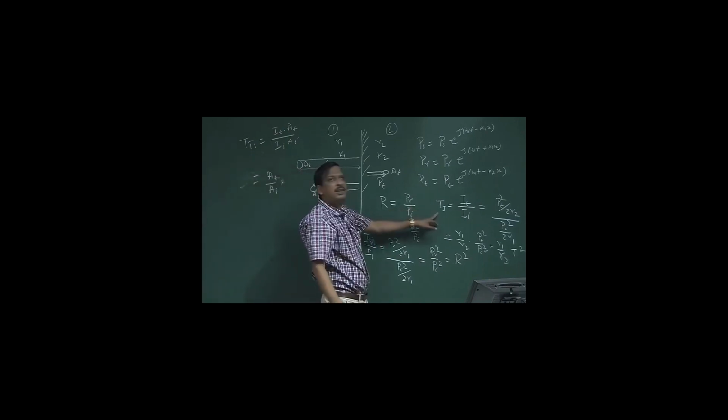So, what is the transmitted power coefficient? It is the transmitted power divided by the incident power. What is transmitted power? It is nothing but IT into AT divided by II into AI. So it is nothing but AT by AI into IT by II. IT by II means nothing but Ti.